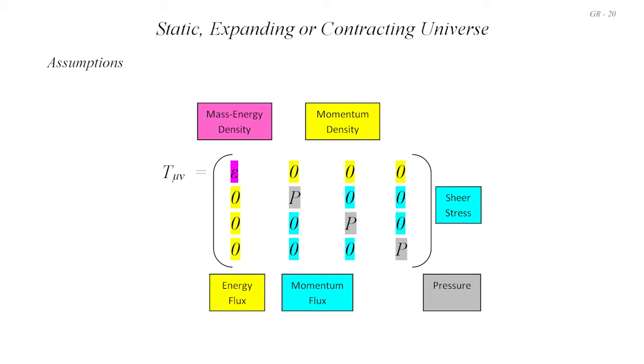You should notice here first that I've chosen to use the symbol epsilon for T00, the energy density, and I've used capital P for the pressure of the fluid. Often you'll see rho on its own, or sometimes rho c squared used for the energy density, and you will see a lowercase p for the pressure.